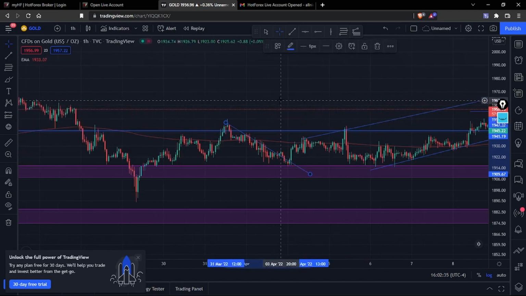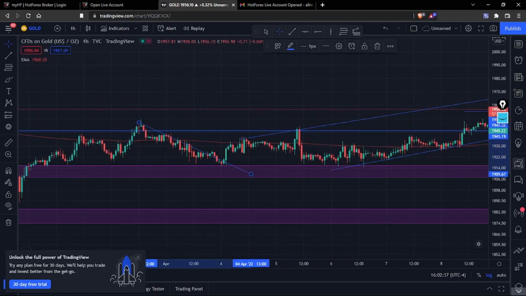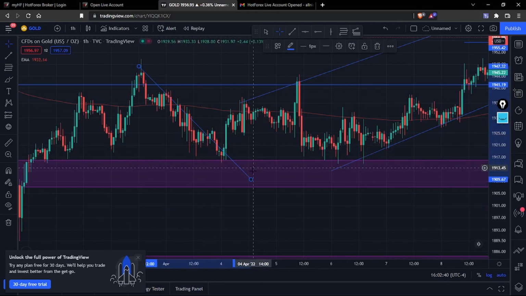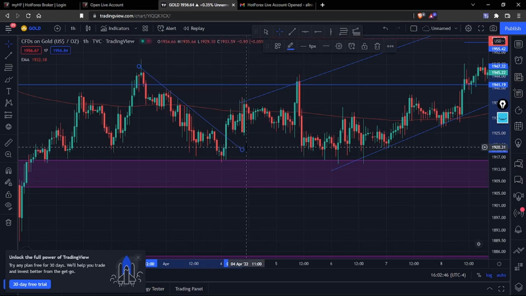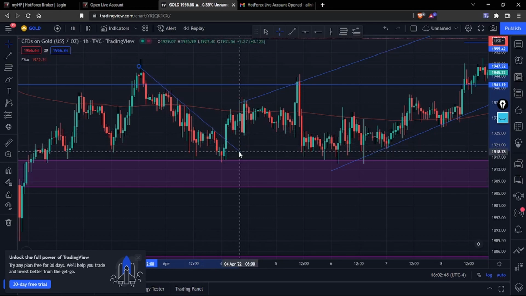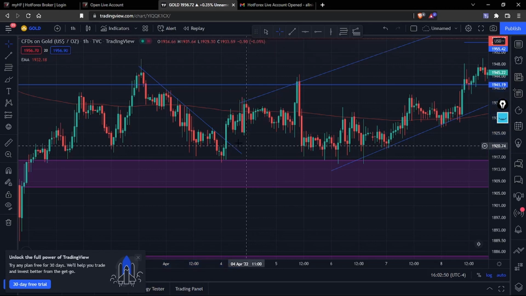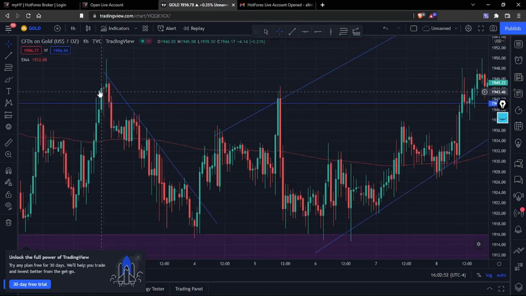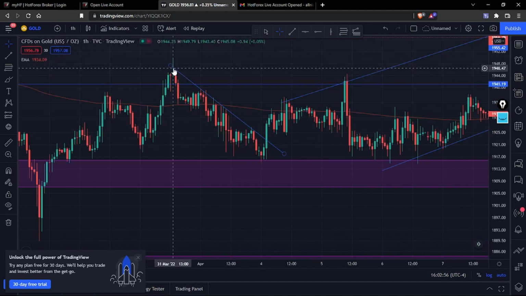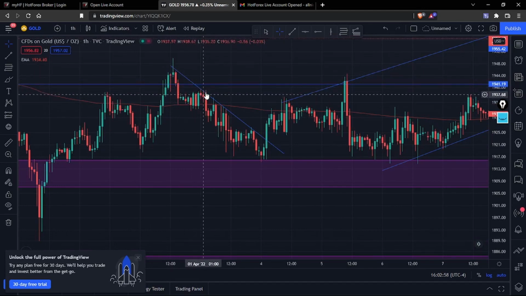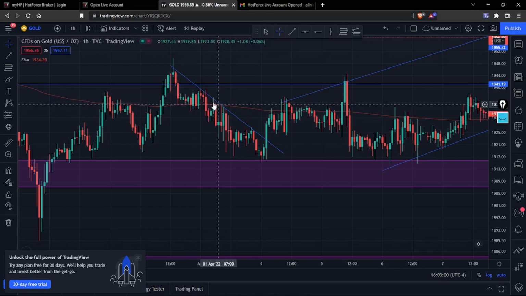So I've identified a trend right next to our channel, before the channel actually, so the general idea here is we've identified a high, a lower high, another lower high, and then another lower high.